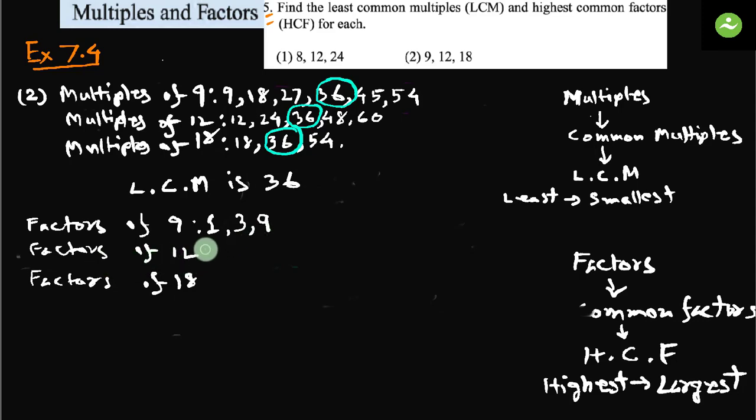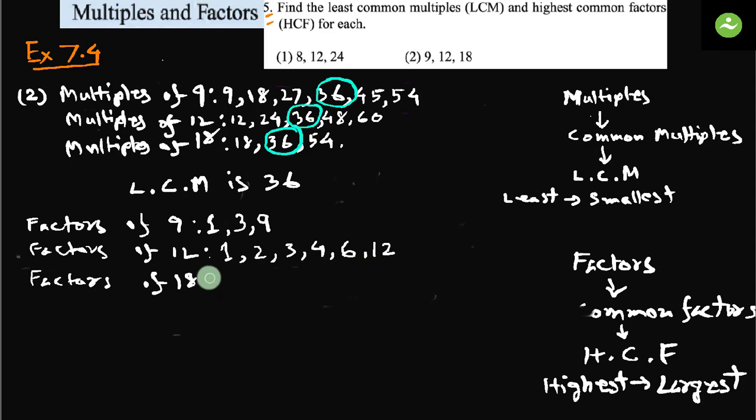Factors of 12. Divide 12 by 1. Yes, it divides 12 without any remainder. So 1 is a factor of 12. 2 divides 12, 2 is a factor. 3 divides 12, 3 is a factor. 4 divides 12, 4 is a factor. 5 doesn't divide 12, so 5 is not a factor. 6 divides 12, so 6 is a factor. 7, 8, 9, 10, 11 not a factor. 12 is a factor because 12 divides 12 evenly.